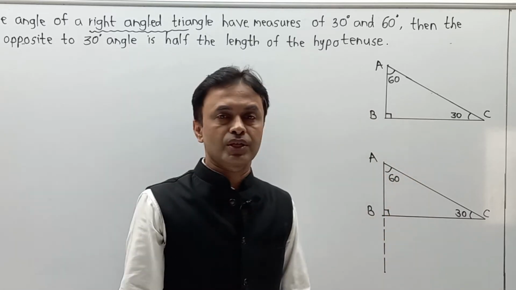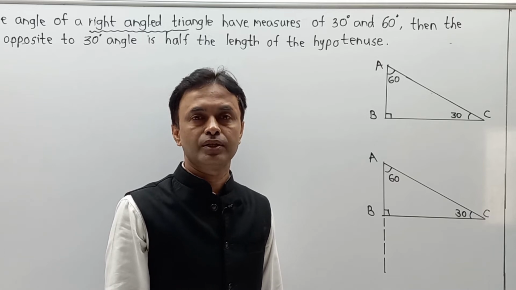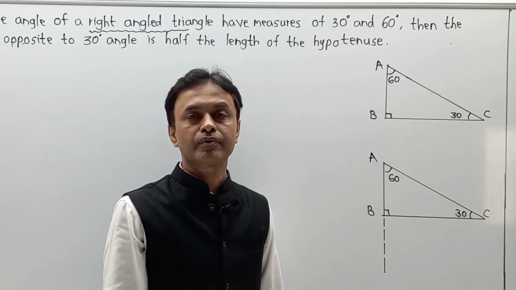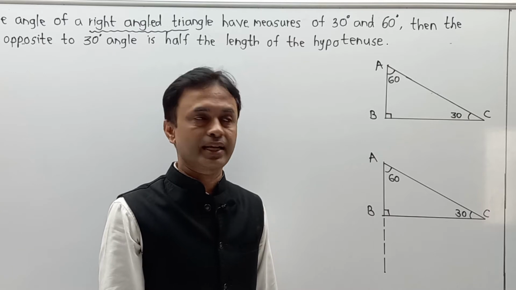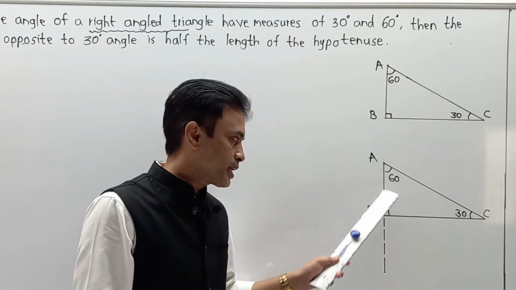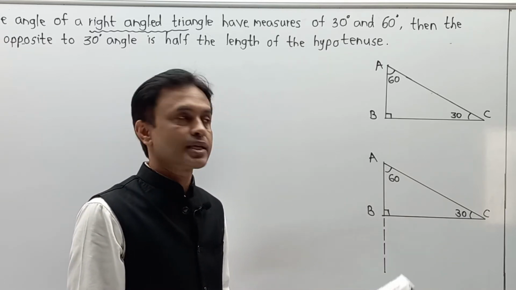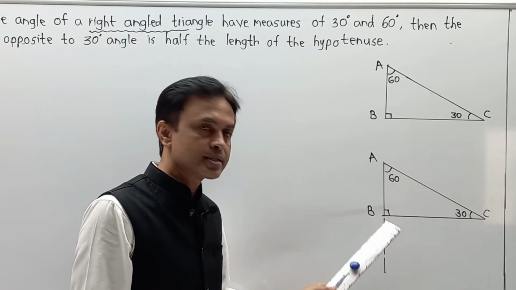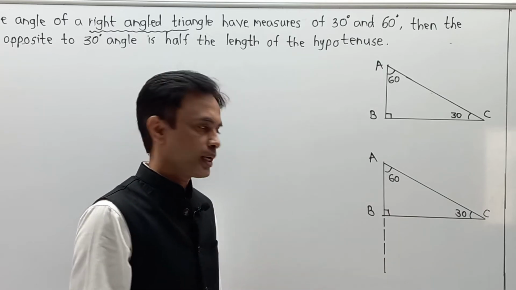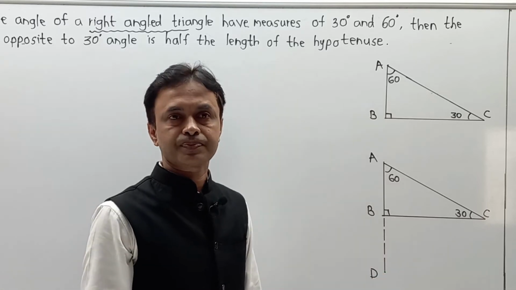Now in construction, we have to make a comparison, and for comparison we need two triangles to be shown congruent. For that we are going to develop a second triangle. Now we have done one construction. What is it exactly? Extend AB up to some particular distance such that AB is equal to BD. Let us say I am going to indicate D as the point over here.